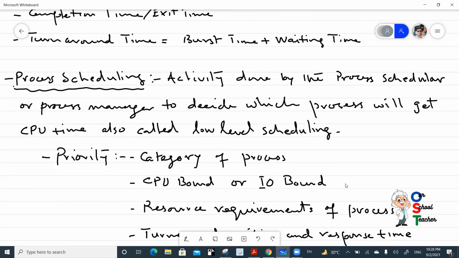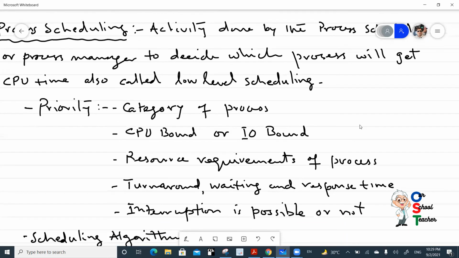So for example, printing a page will require lesser CPU time and more printer time. So that is IO bound. Or for example, a mathematical calculation, in that case, IO devices will not be required and CPU time will be required there. So that is CPU bound. So it also depends on it.